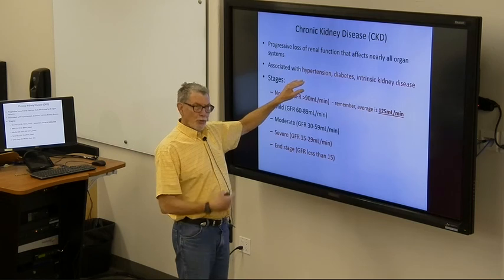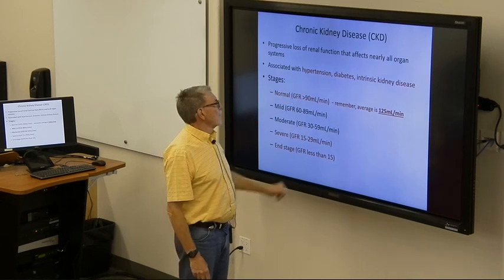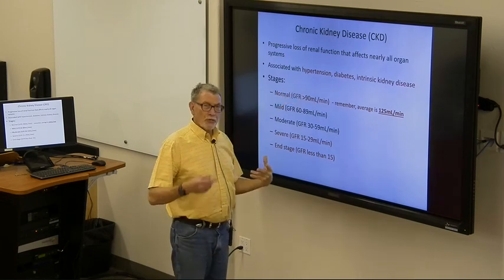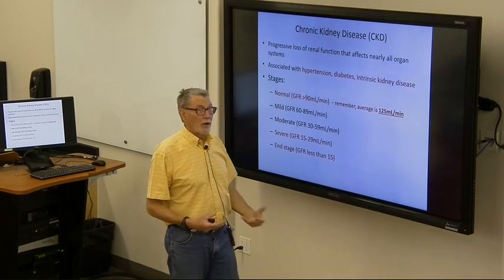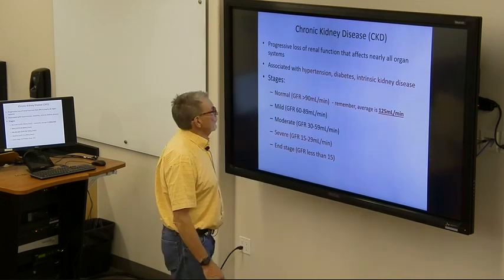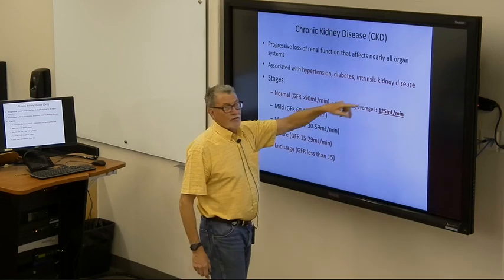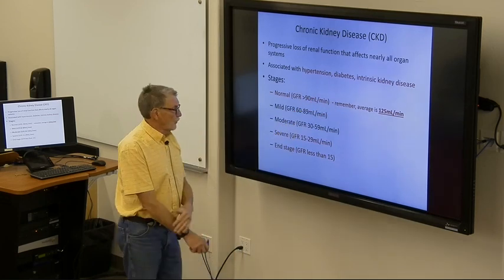Hypertension, because you're not producing the pee. Diabetes causes bad vasculature everywhere, damages the kidneys as well. Intrinsic kidney disease, such as polycystic, which we'll see.